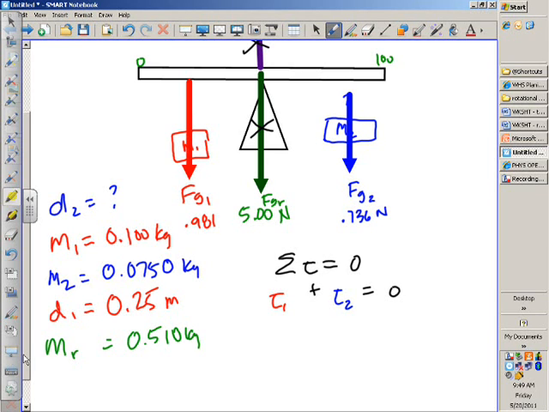Opposite rotation, right? So magnetically we have to call one of them negative. Which one do you want to call negative, red or blue? Okay. So that means that here, negative F1 D1 sine of theta plus F2 D2 sine of theta has to be equal to 0.